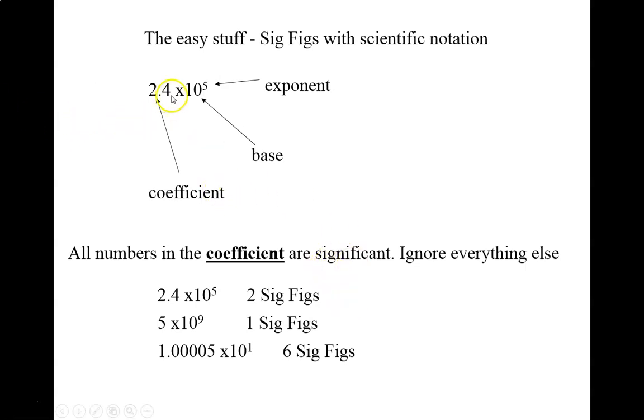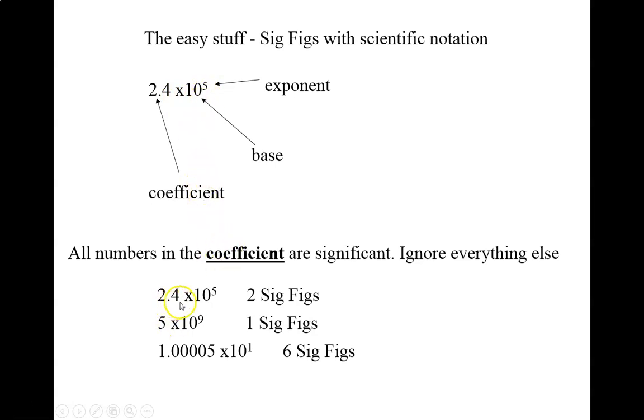The very last rule, I guess this is number 6, is that when you look at a number in scientific notation, anything that comes before the times 10 to the is a sig fig. So 2.4, those are all sig figs, and these obey the other rules. The main point of this rule is you ignore the times 10 to the when you count sig figs.